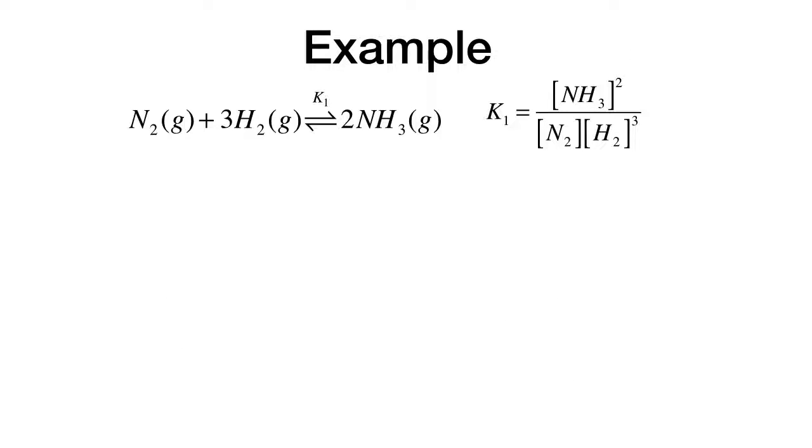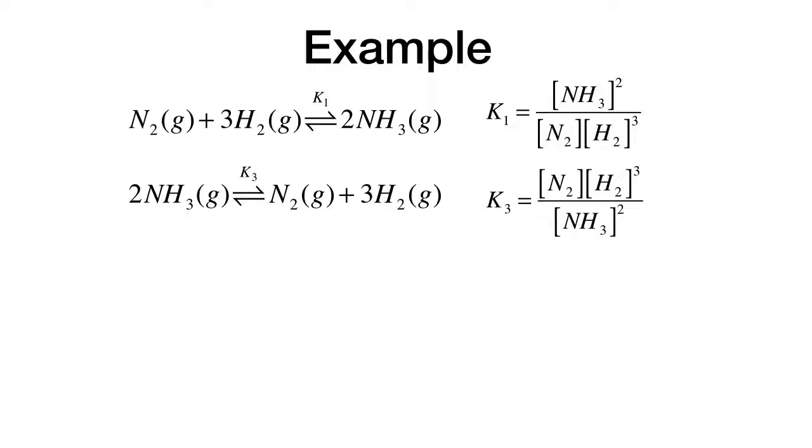And lastly, we can exchange the products with the reactants. So when one writes the equilibrium equation in reverse, in this case 2 moles of ammonia decompose to form 1 mole of nitrogen and 3 moles of hydrogen, the equilibrium expression is K3 is equal to the concentration of nitrogen times the concentration of hydrogen cubed divided by the concentration of ammonia squared.